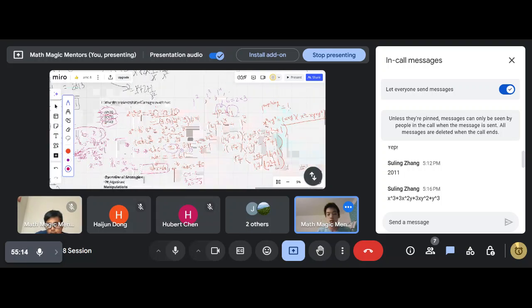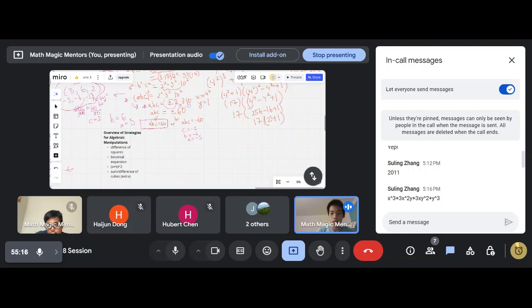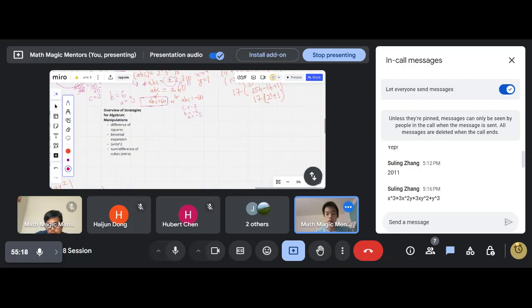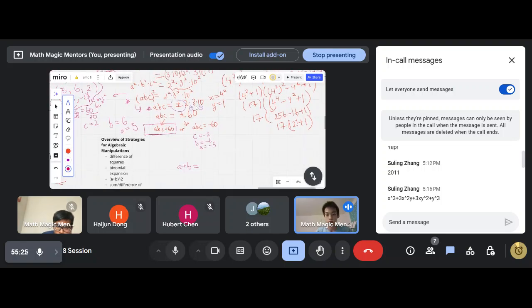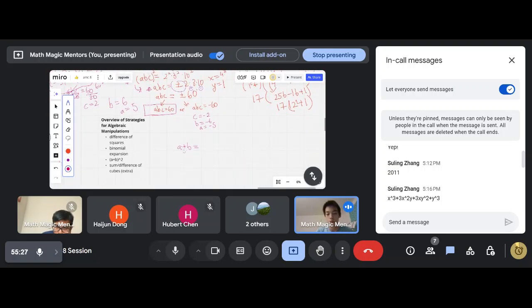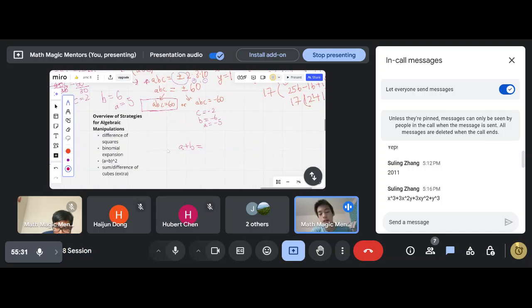Now let's make one more connection before we close the session off, to our addition problem, right? So what I was mentioning with this problem is that let's replace all these multiplications with addition, right?